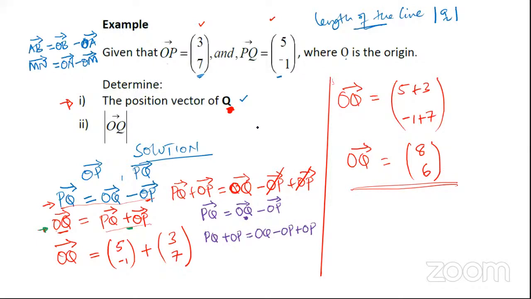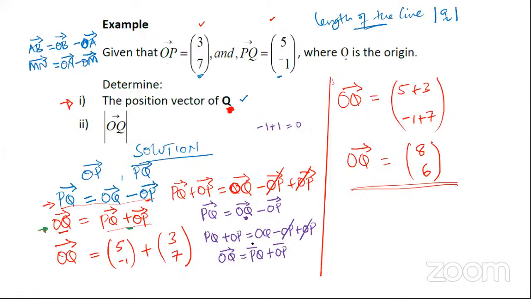When you get a number, minus 1 plus 1 is 0. So that's why these ones cross out, and you will remain with only OQ. So therefore our OQ will be PQ plus OP.